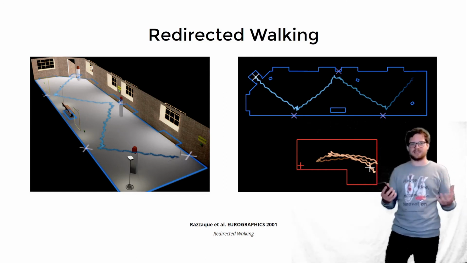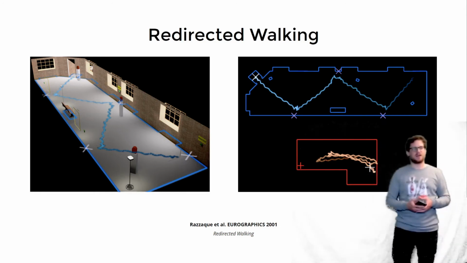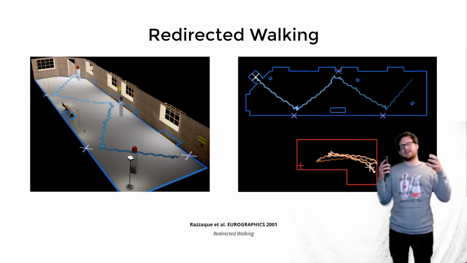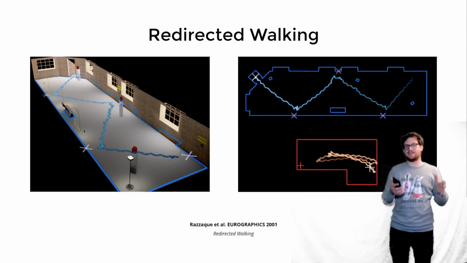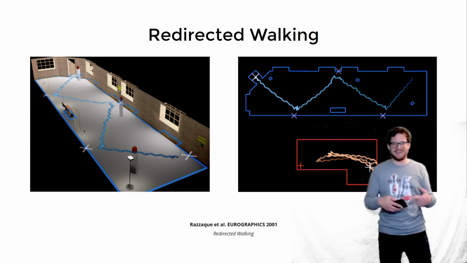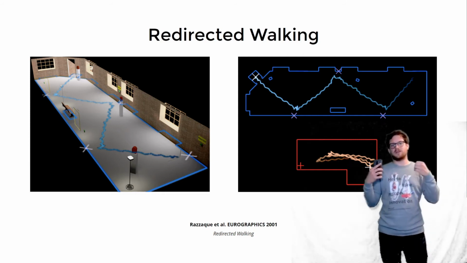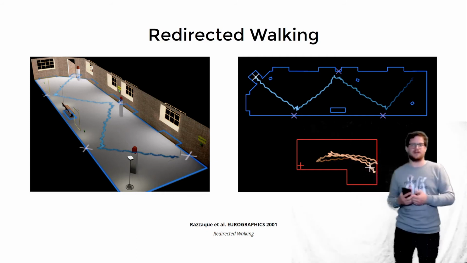The first paper about this was from 20 years ago. And the idea is that the user is guided on paths in the virtual world that differ from the real world, or the other way around. He's guided on paths in the real world that differ from what you perceive in the virtual environment.